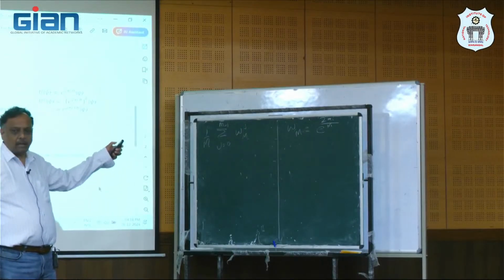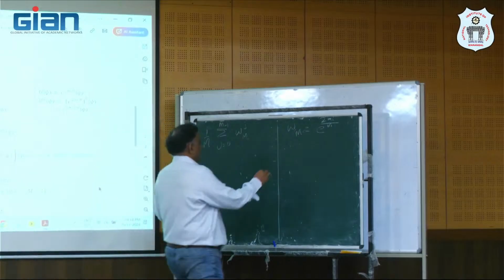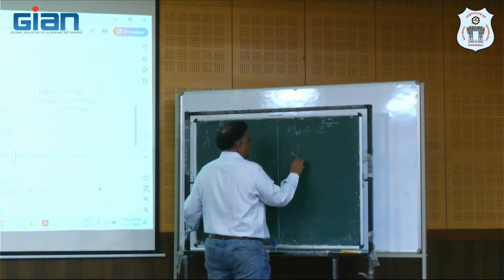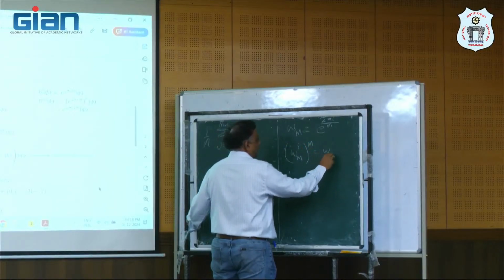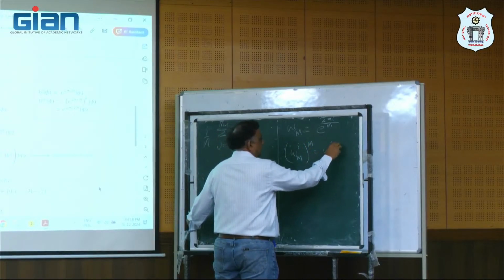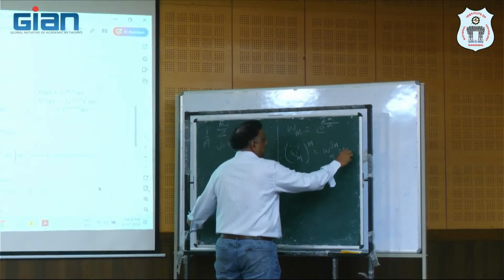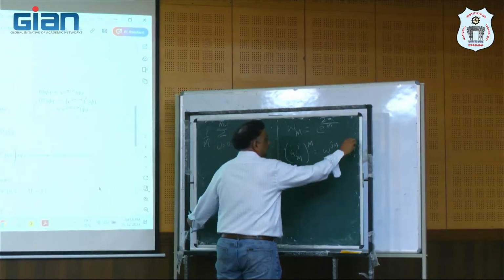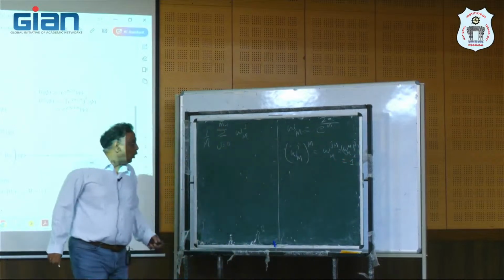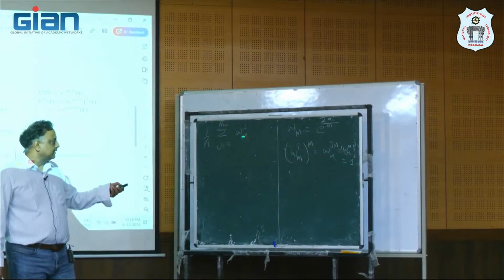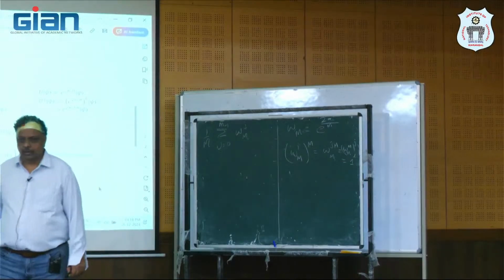Omega m to the j, which is omega m to the j. So all of these are different mth roots of unity.